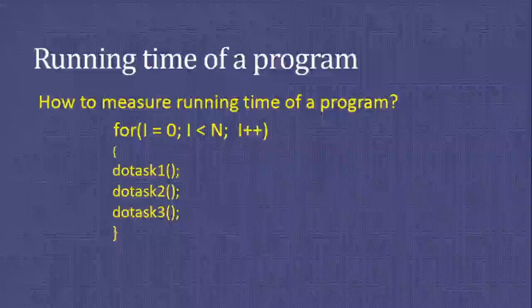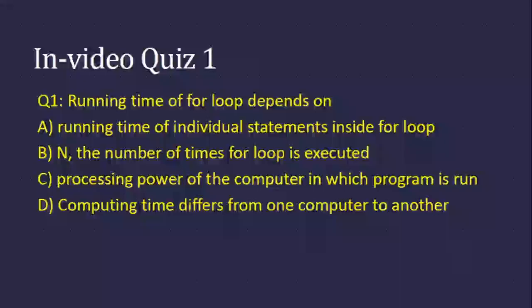So what are all the factors affecting the running time of this for loop? I want you all to pause this video and think for a while about the factors affecting the for loop. A, does the running time of this for loop depend on the running time of individual tasks inside the for loop? B, does it depend on how many times the for loop gets executed, that is n?